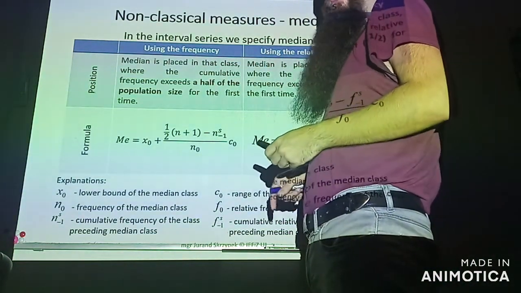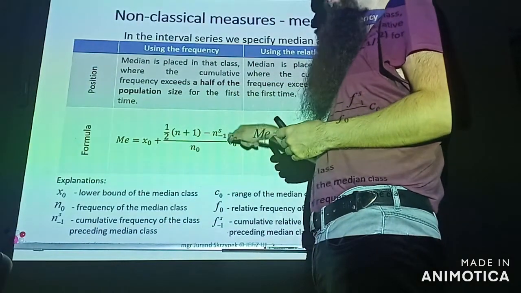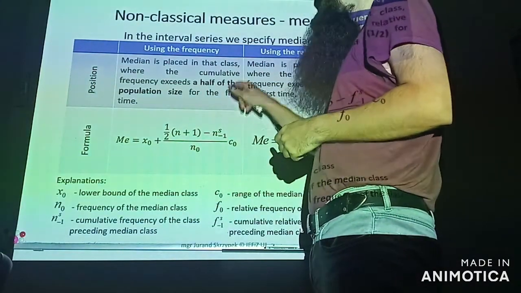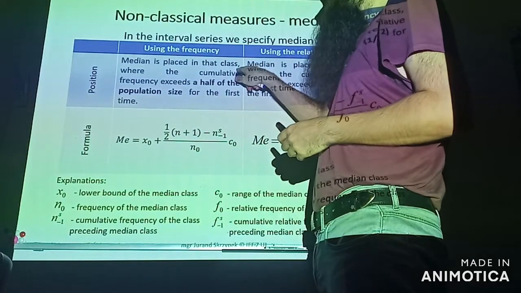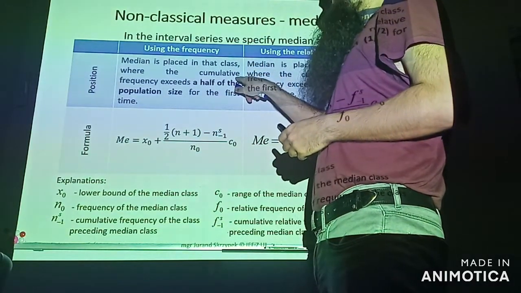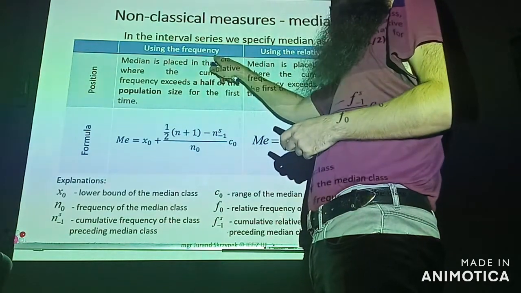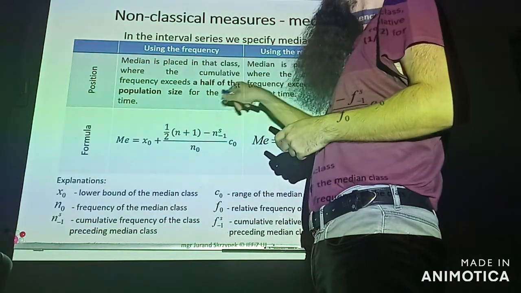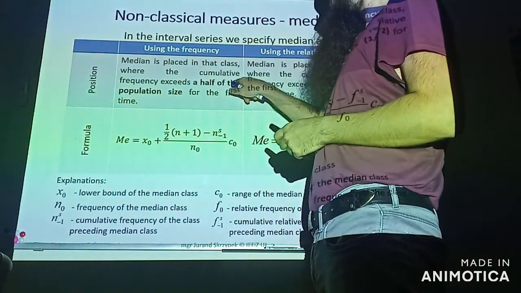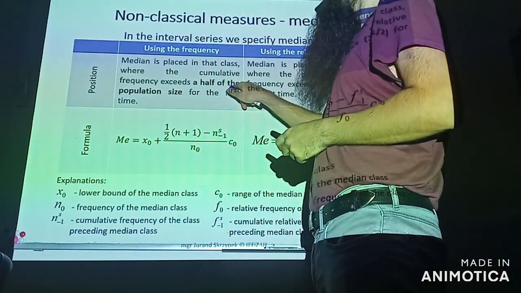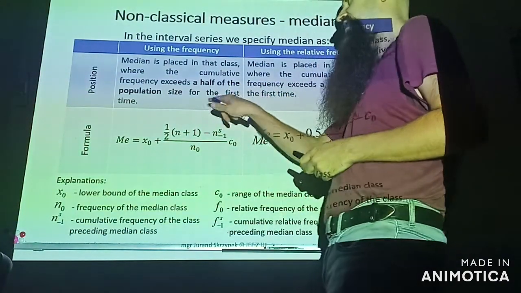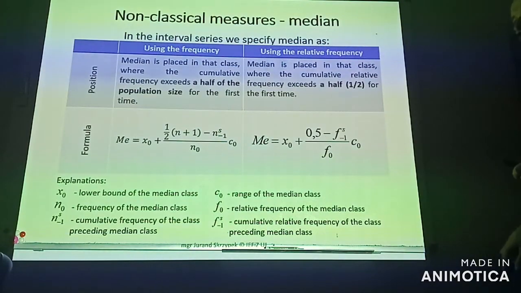I remind you that we are talking about the interval series with classes. The median is placed in that class where the cumulative frequency, if we perform on the frequencies, exceeds a half of the population size for the first time.